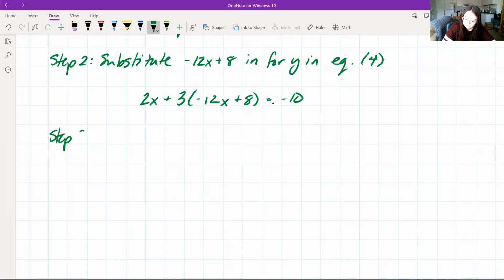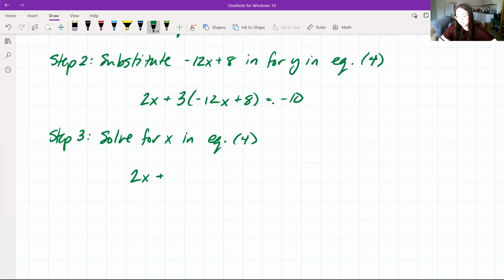In step 3, we're going to simplify. So we're now solving for x in equation 4. So simplifying our terms here, 3 times -12 is going to give us a -36x.